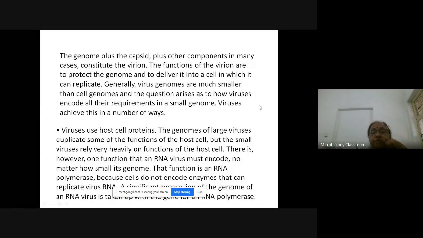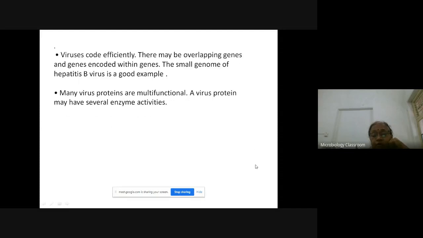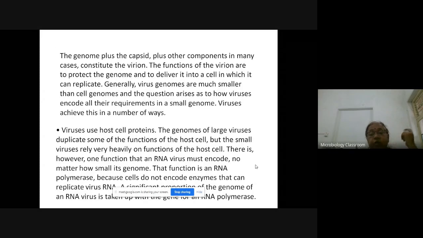So it is found that the genome which enters inside the cell, a bacterial cell, or it may be a eukaryotic cell, achieves this in a number of ways. First, viruses use the host proteins. That is, the host proteins and enzymes which are responsible for the replication of the genetic material, the duplication of the DNA or the RNA.